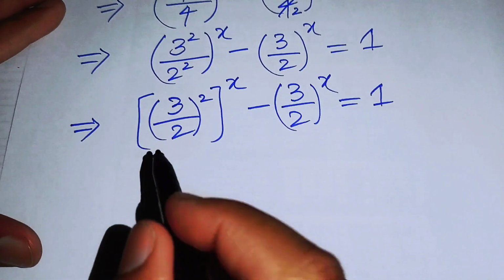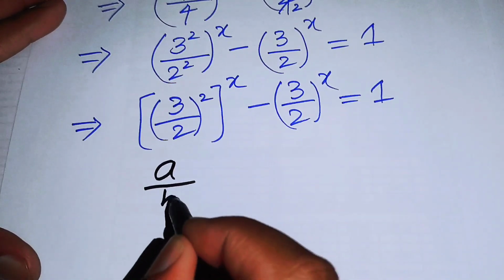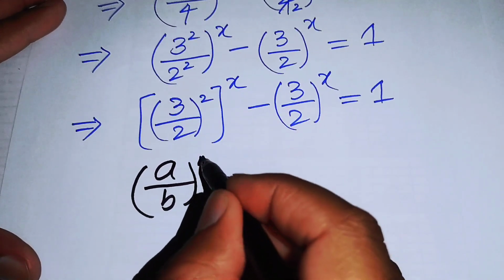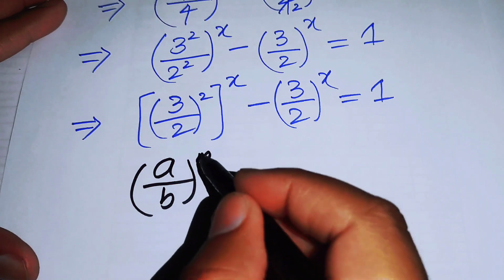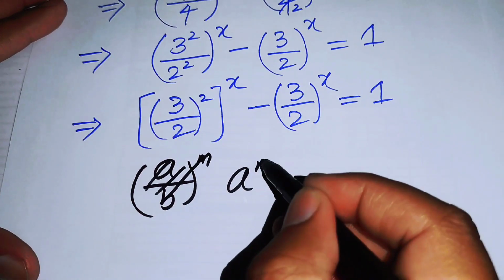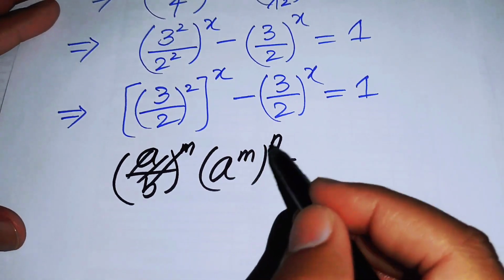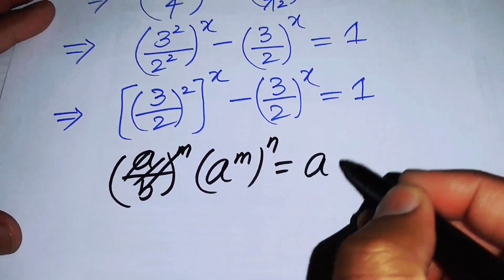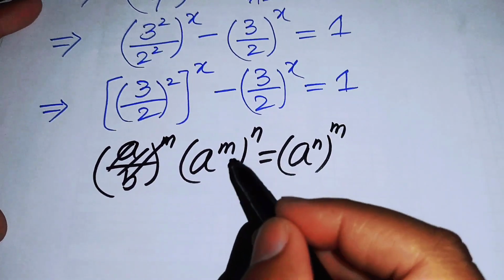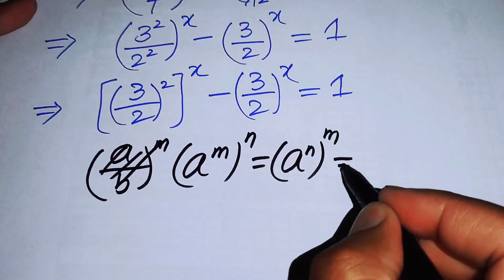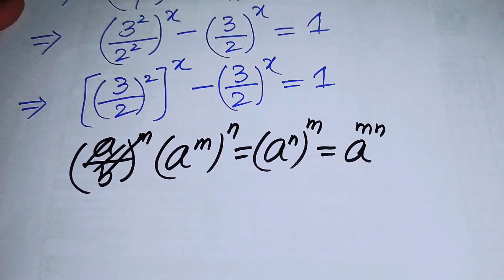After that I will apply another exponential law: if we have a to the power of m to the power of n, we can interchange these exponents and it becomes a to the power of n to the power of m, which is a to the power of m times n.